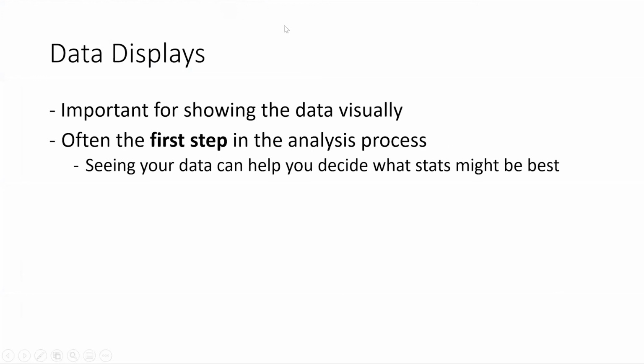As humans, we're really not very good at understanding patterns in data when we just look at numbers, right? If some patterns are kind of obvious, it might be easier, but generally we're not good at it. So we use data visualizations and displays so that we know what kind of analyses we want to use. It's often the first step in the data analysis process.